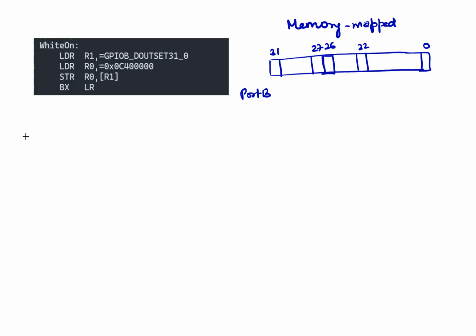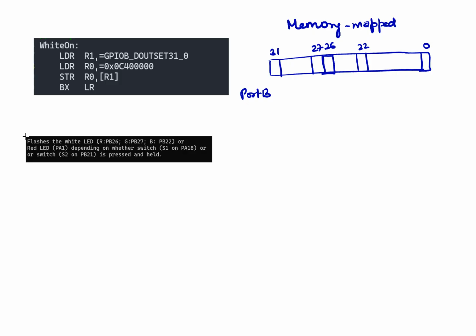PB26 controls a red LED. PB27 is the blue LED, and PB22 is the green LED. Actually, no, PB26 is red, PB27 is green, and PB22 is the blue.